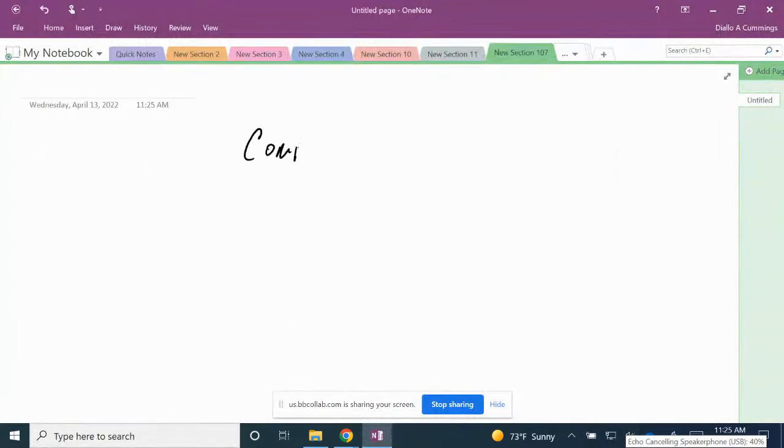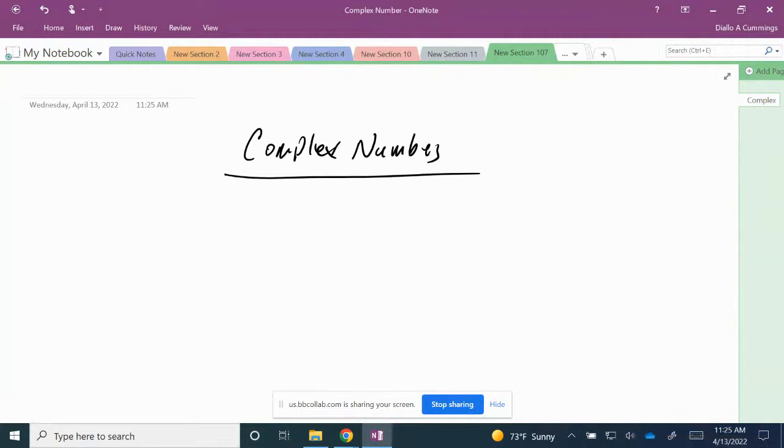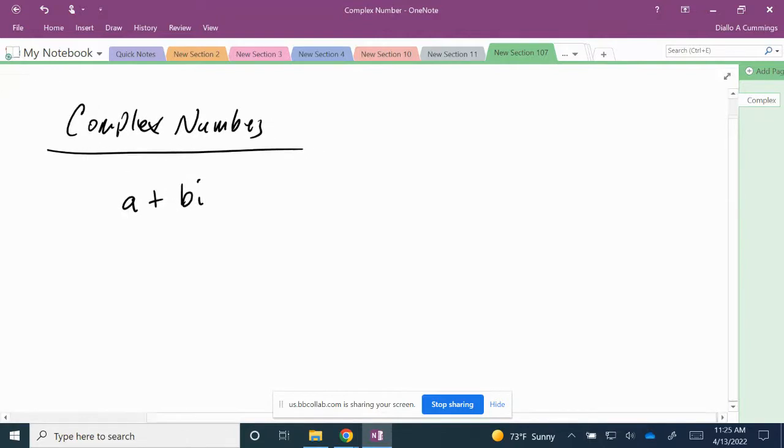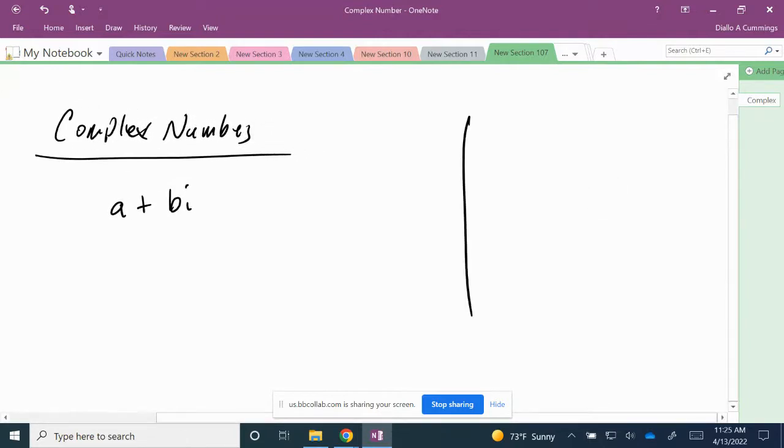All right, a complex number is in standard form, and it's in the form a plus bi. Now we talked about a rectangular coordinate system. Here we're going to talk about a complex plane or complex number system.